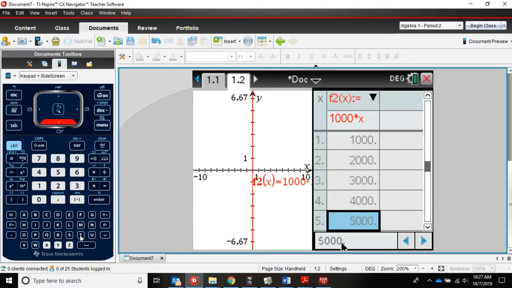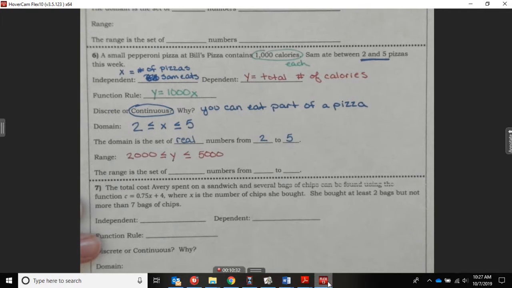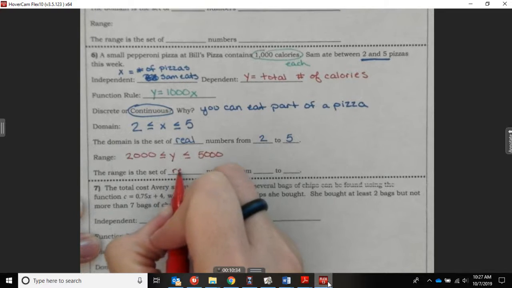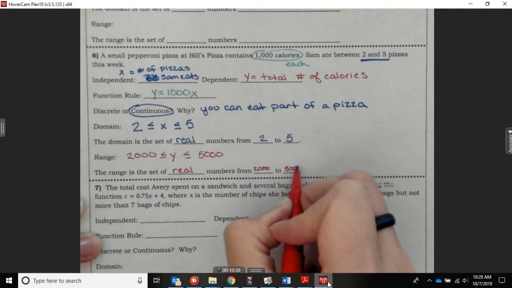And if he eats 5 pizzas, that's 5,000 calories. And range is Y, and we put our inequality symbols. So it looks like that. So the range is a set of real numbers from 2,000 to 5,000.